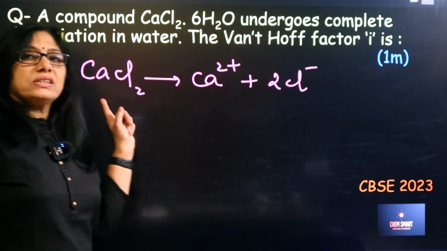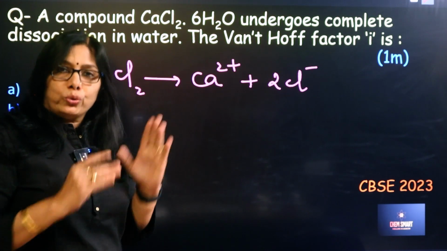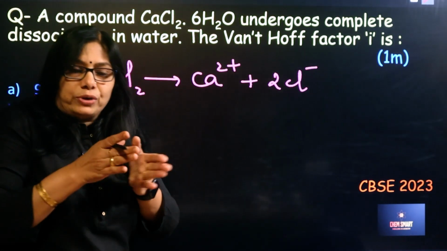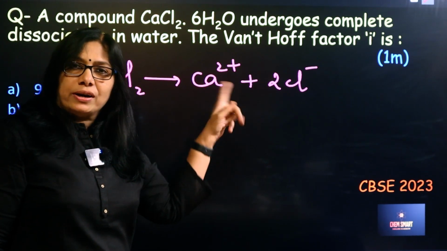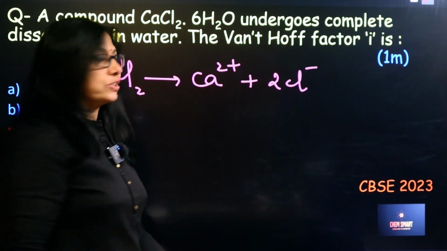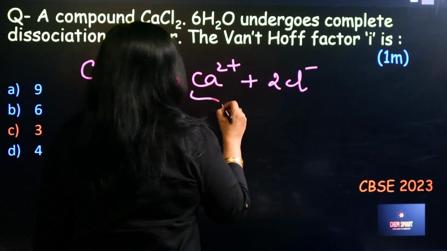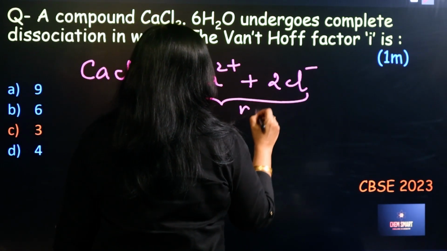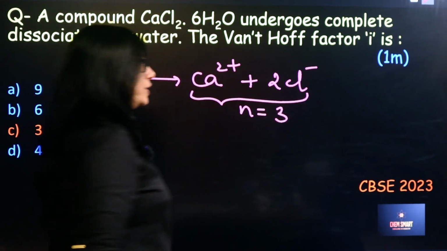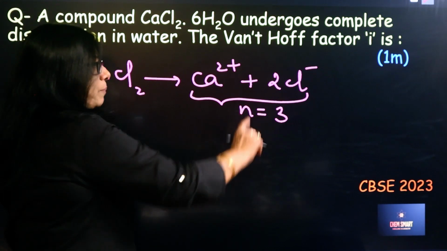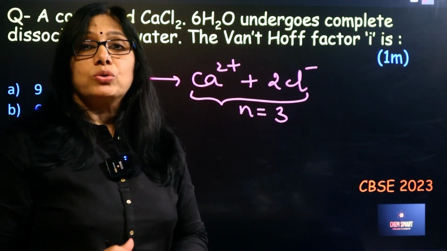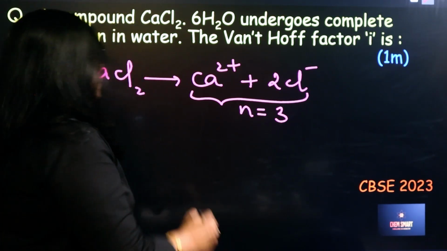That means one CaCl2 formula unit will dissociate to form one calcium ion and 2 chloride ions. So, totally there are 3 particles after dissociation. So, number of particles after dissociation is 3.